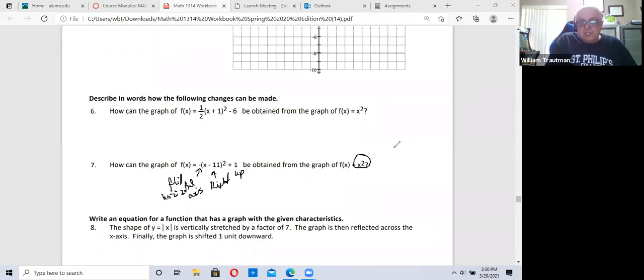So I'll kind of show you right here. Here's the regular x squared graph. If we go to the right 1, go up 1, and then flip it, this is what the graph would look like.